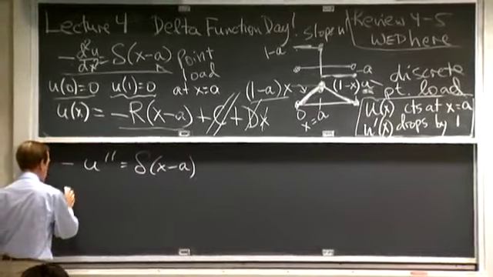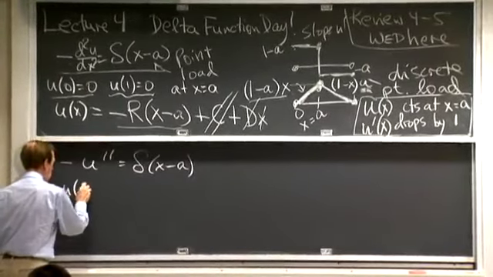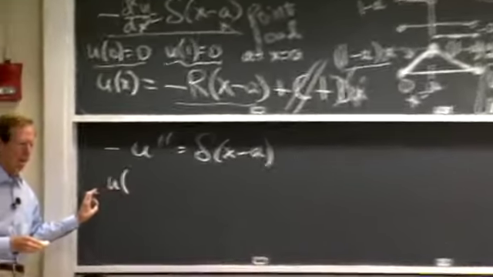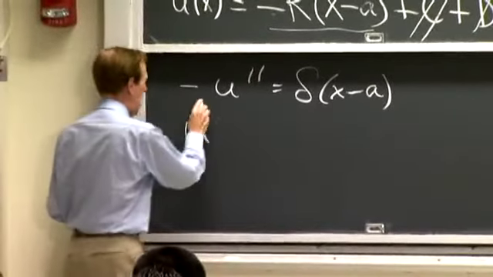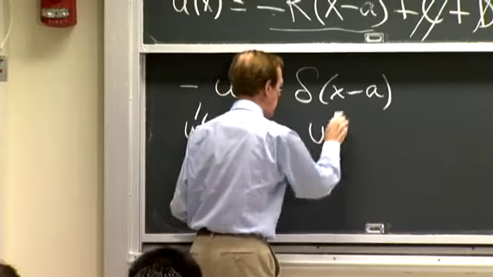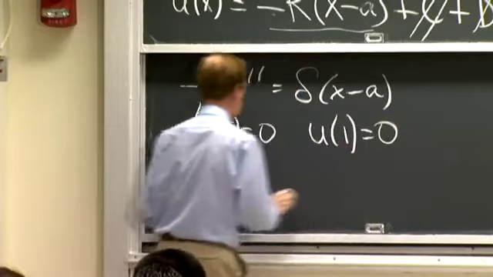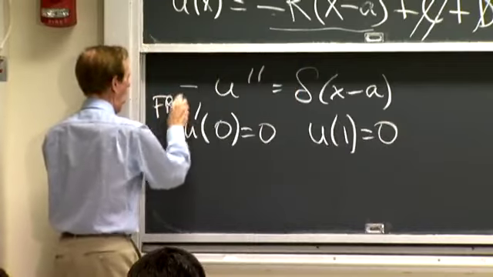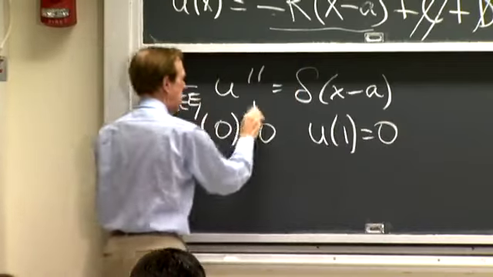But now the top end is free at the top. What does that mean? Slope is 0 at the top, but it's still fixed at the bottom. Okay, so this will be now free-fixed.